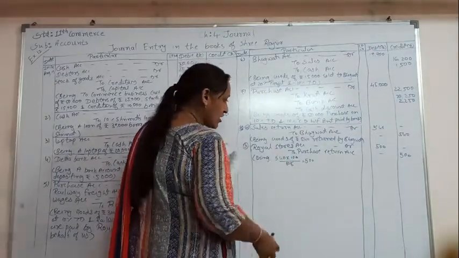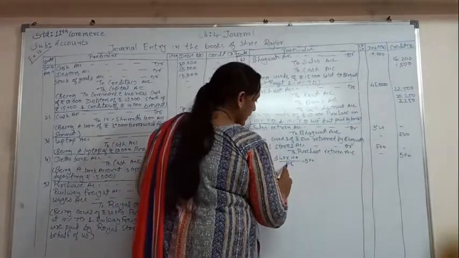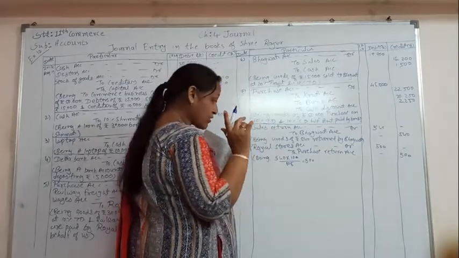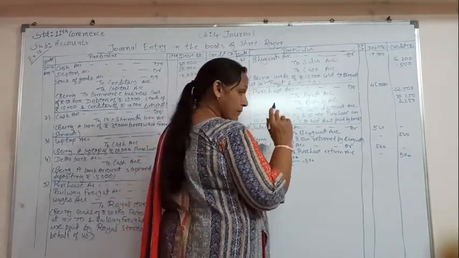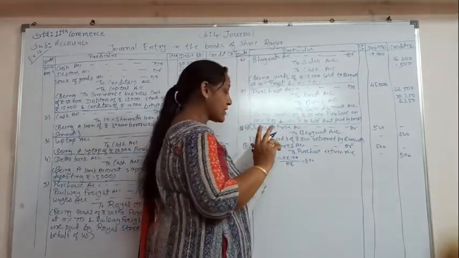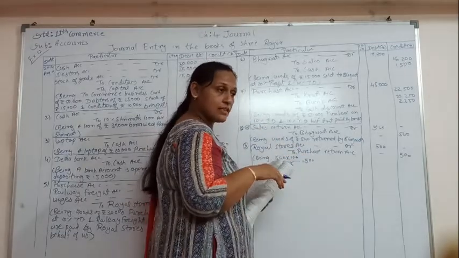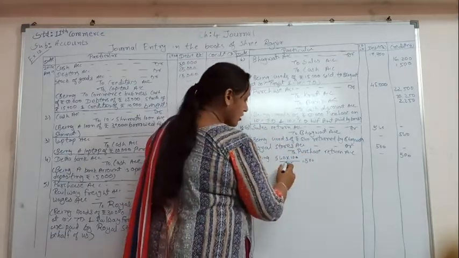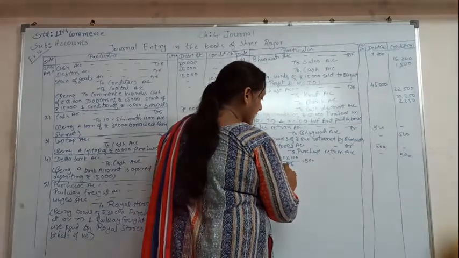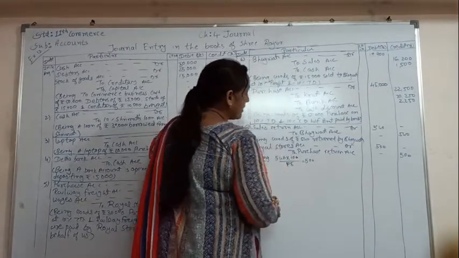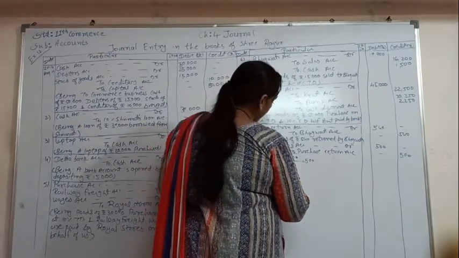So this is the calculation for the 500, because we can see that on the goods of rupees 100, we have added the profit of 20% and then we have deducted the trade discount. So the amount is 108. That 108 is equal to the 540.